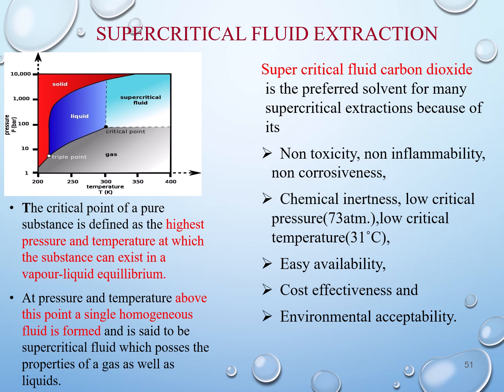Now let us see what a supercritical fluid is. For this we should know what the critical point of a pure substance is. It is the highest pressure and temperature at which a substance can exist in vapor liquid equilibrium, and at a pressure or temperature above this critical point a single homogeneous fluid is formed, and this is known as the supercritical fluid.